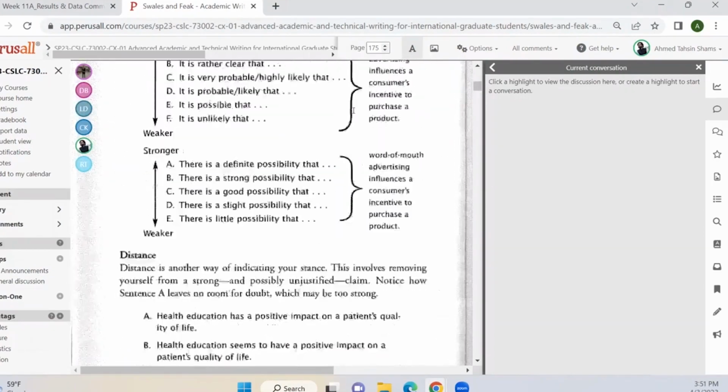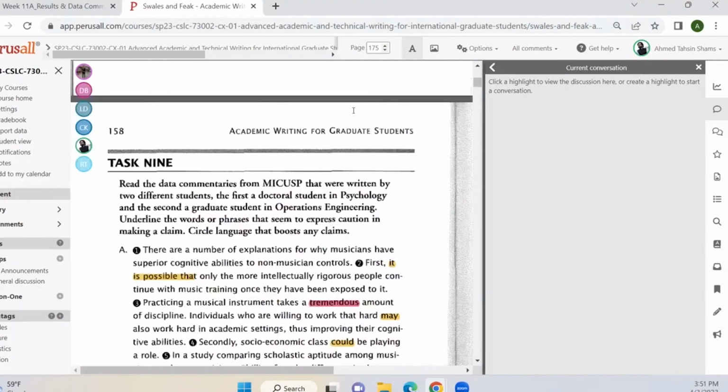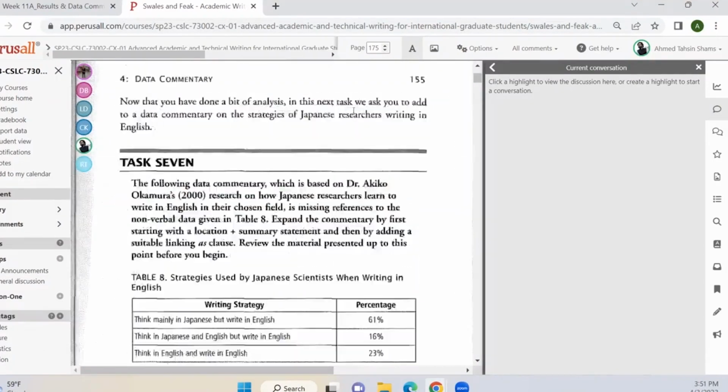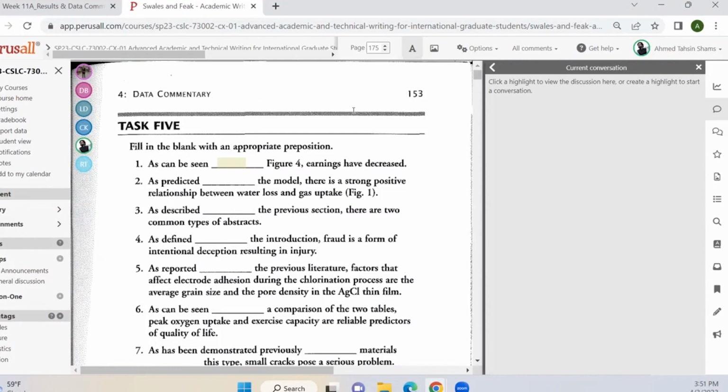And if you type 165 in Perusal, it will take you to the page for task 5. I repeat, task 5 and task 10. Preposition and verb.